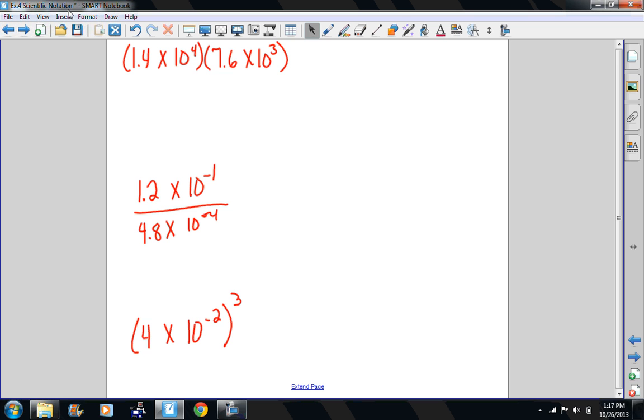If we have numbers multiplied together, what happens here is that we can do a shortcut in order to solve these. Now, the other flip side is you could just change these to regular numbers and use a calculator.